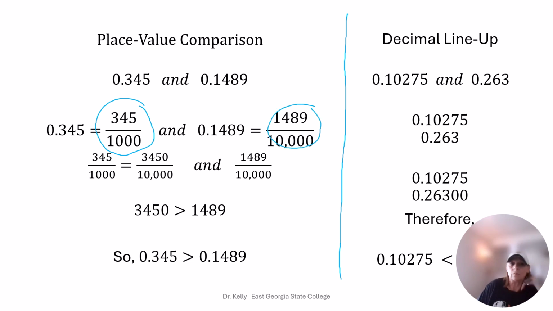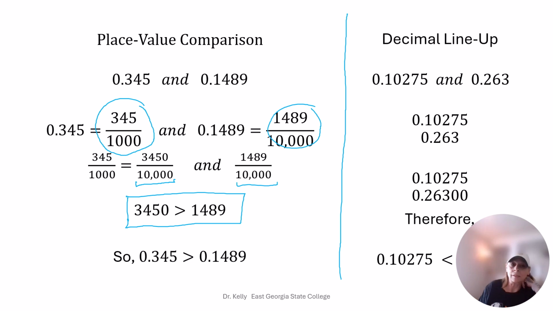And then to get the denominators the same, I'm going to have to multiply that 345 by 10, so that gives us 3450, 1489. Once the denominators are the same, you can pull the fractions out of everything and just compare the numerators, and we see 3450 is greater than 1489.